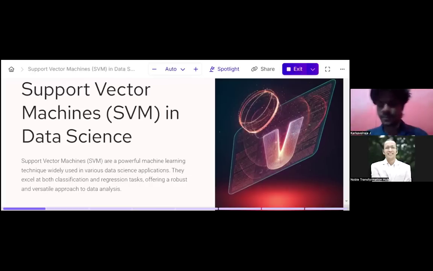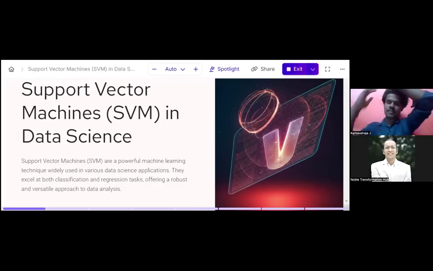We will be going through support vector machines today for data science. It's a powerful machine learning technique widely used for various data science applications.